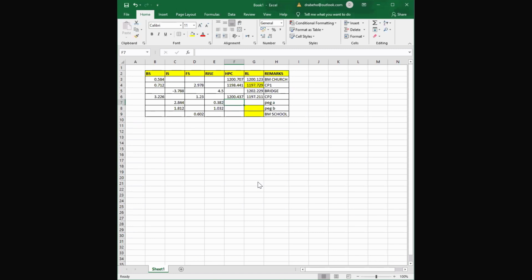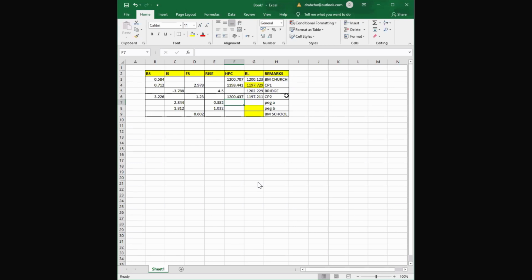So I think we could stop here for today. And in the next class, we shall finish up with the leveling. This is just part of the computation. After we have computed, remember we said we start at a known point and we end at a known point.